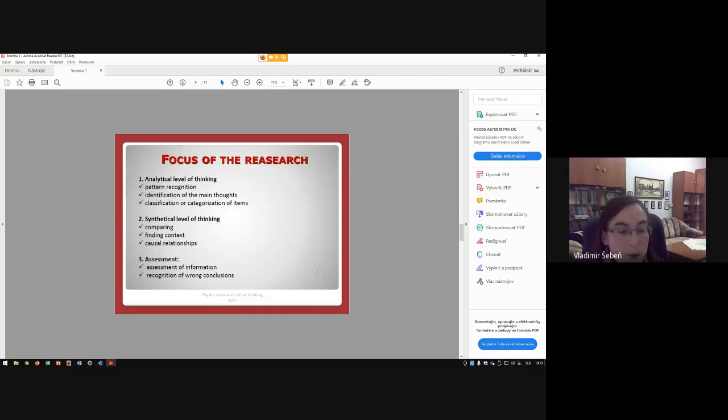Also finding the context and causal relationships. Assessment is the highest level of cognitive thinking, and it includes 2 skills. It is assessing the information, which means deciding whether the information is true or false, and also the ability to recognize wrong conclusions.